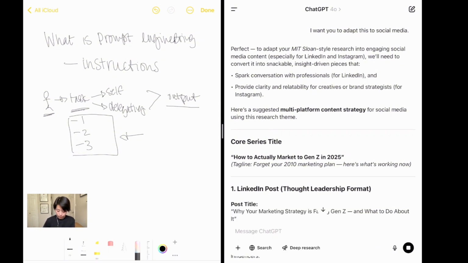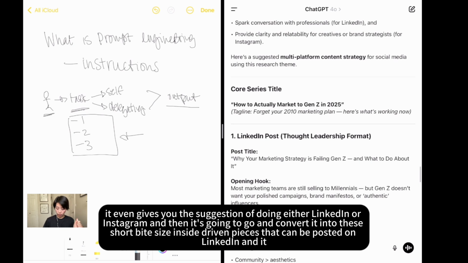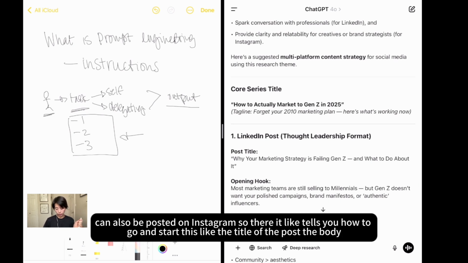It even gives you the suggestion of doing either LinkedIn or Instagram, and then it's going to convert it into short bite-sized insight-driven pieces that can be posted on LinkedIn and also on Instagram.